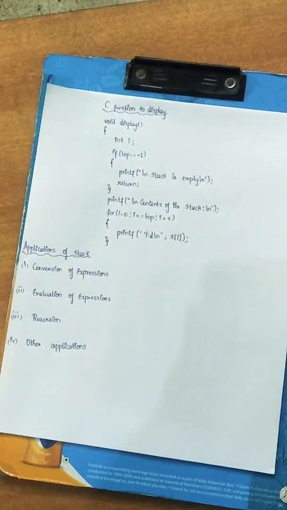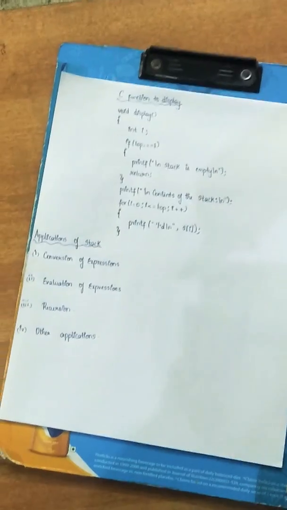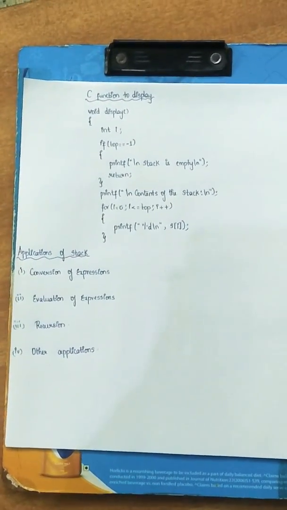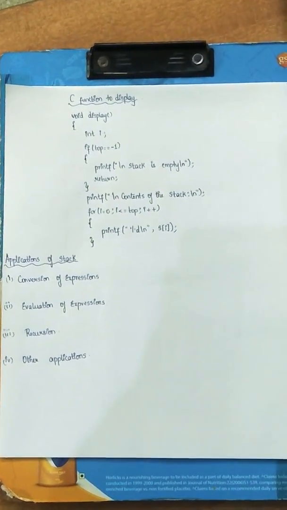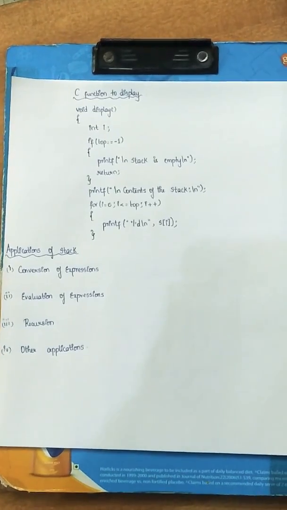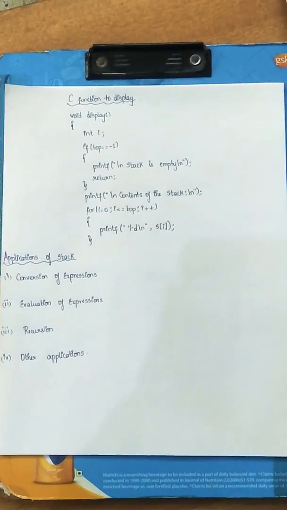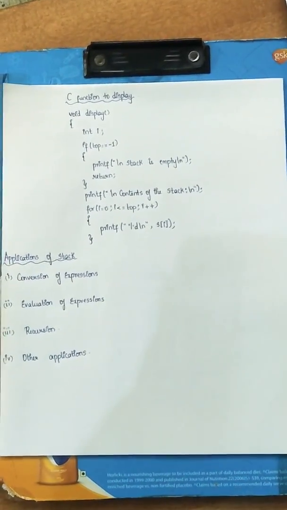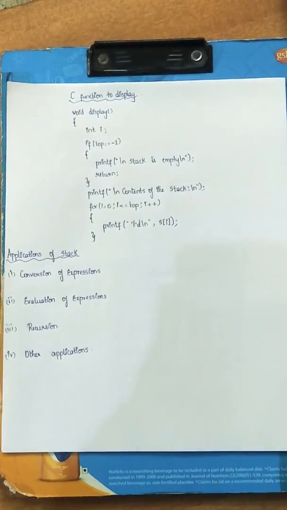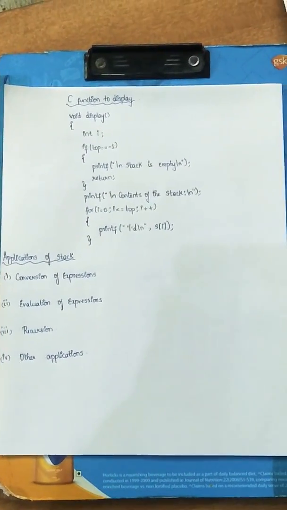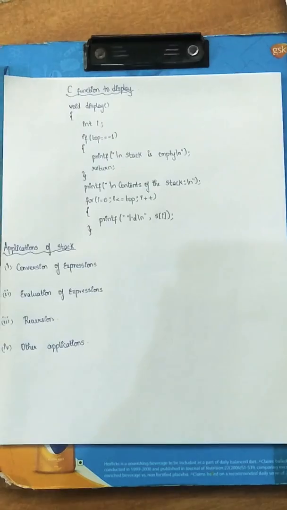Next, we are seeing the applications of stack. This is the last part of this video. The first application is conversion of expression. We will study what an expression is and the types of expression in detail in the next part of the video.